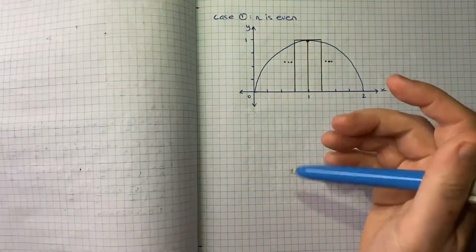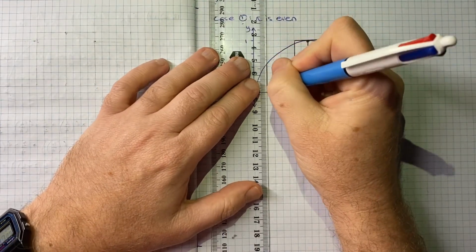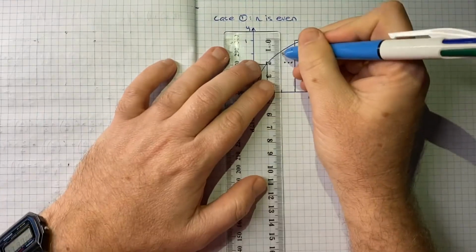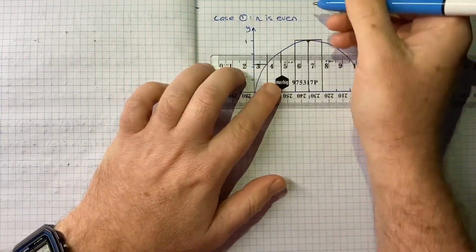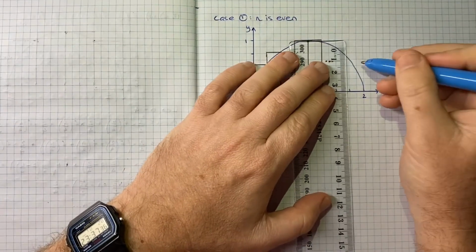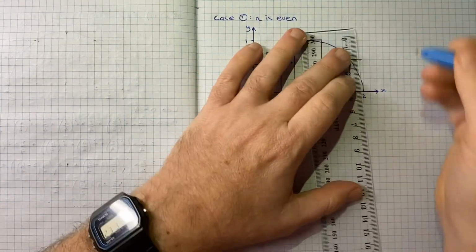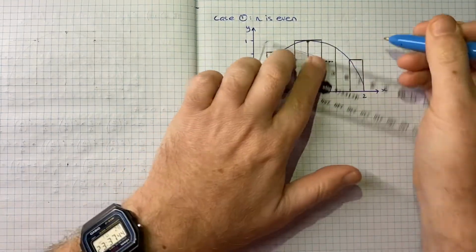So we can also know that we'll, for example, have a rectangle here, and then another one here, and that will just connect there. And then similarly on the other side we'll have a rectangle here, and then we'll have another rectangle here.